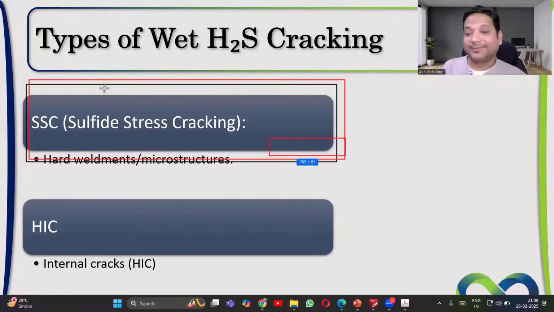It only deals with SSC. HIC, it does not deal with, or it is not yet evolved, may not be evaluated. So it deals with only one type of H2S cracking, which is SSC, while 0175 deals with both of them.